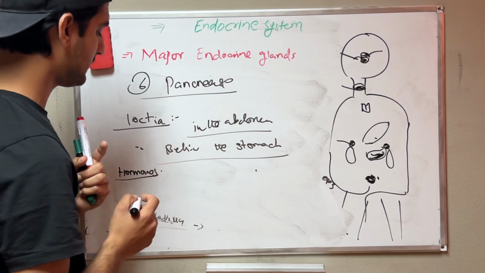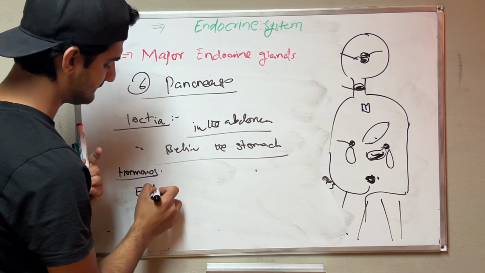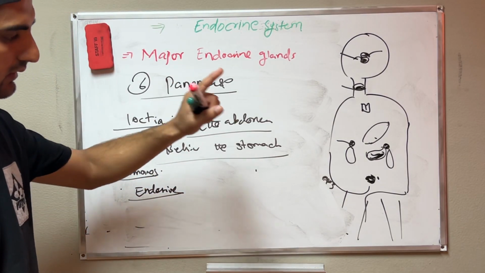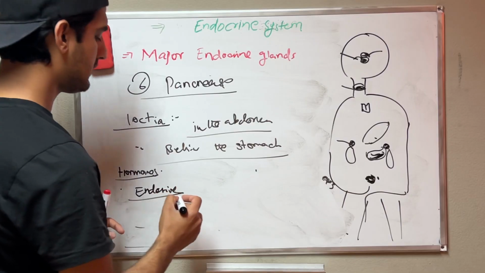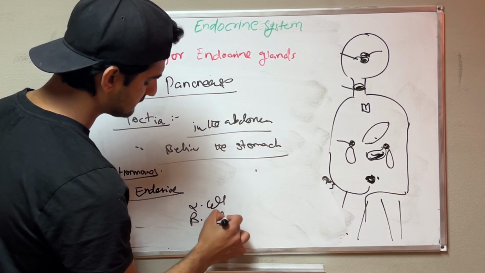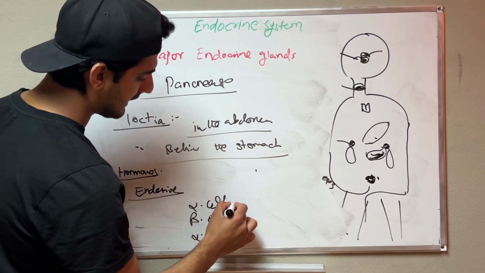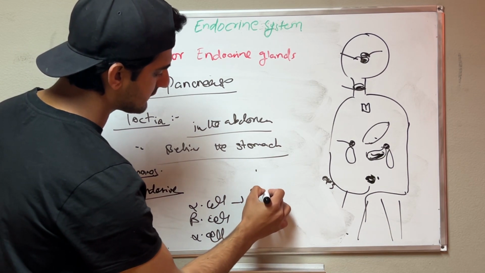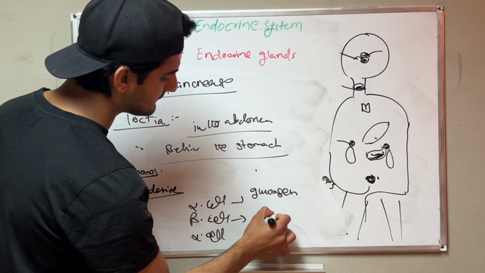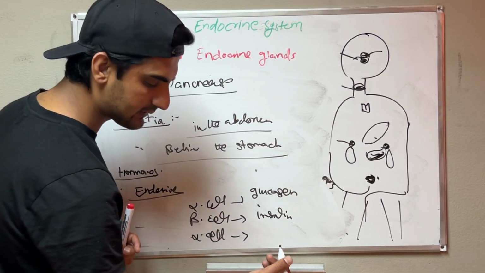For the endocrine pancreas, we need to know alpha cells, beta cells and delta cells. Alpha cells produce glucagon, beta cells produce insulin, and delta cells release what?